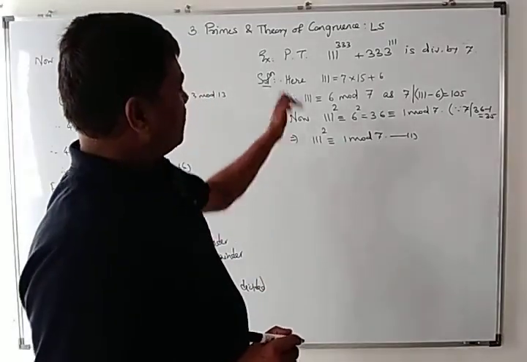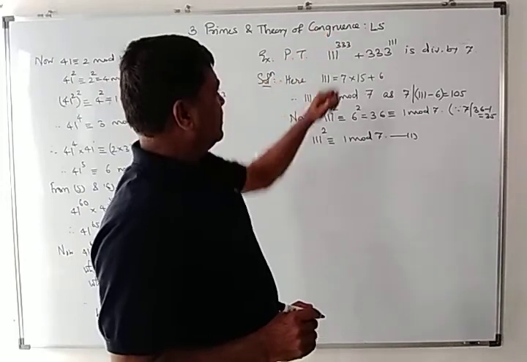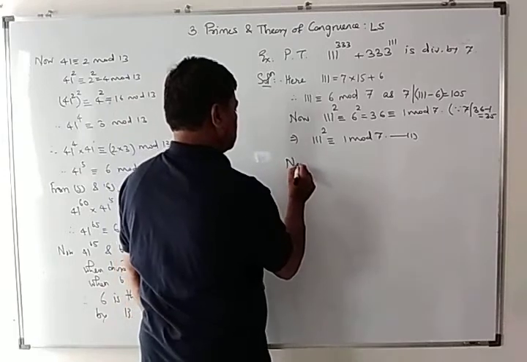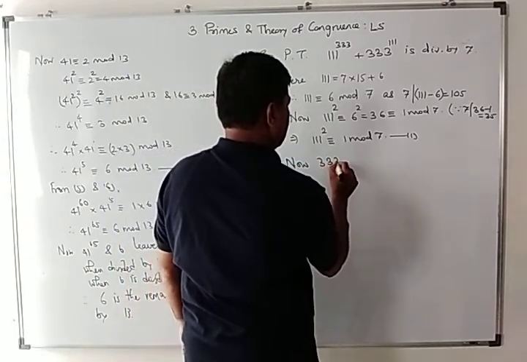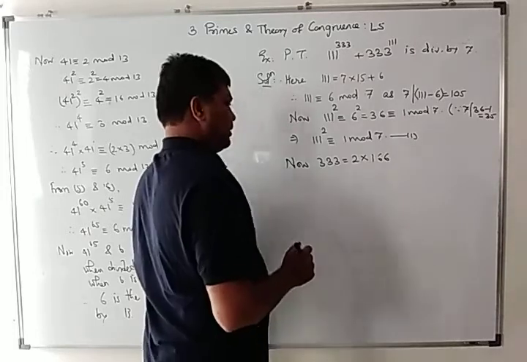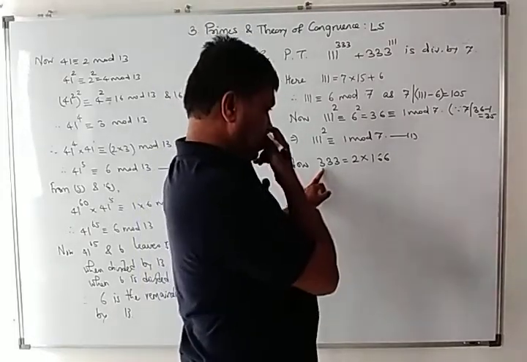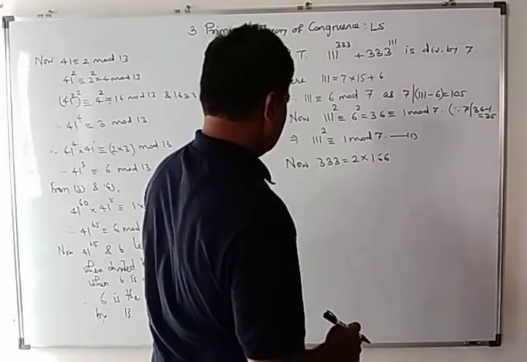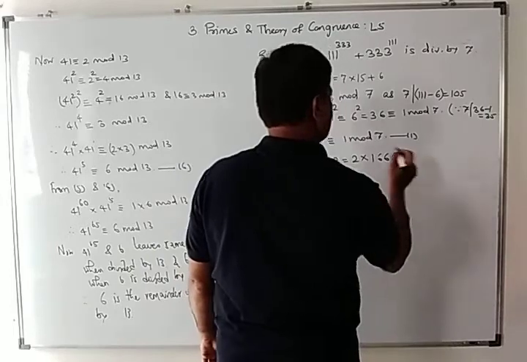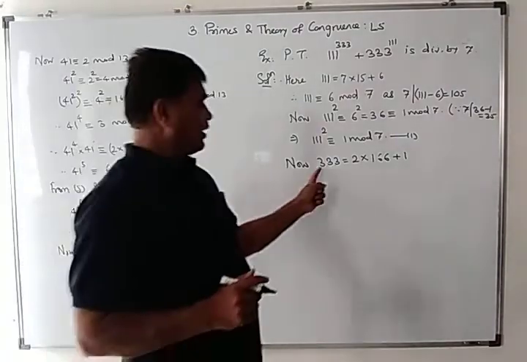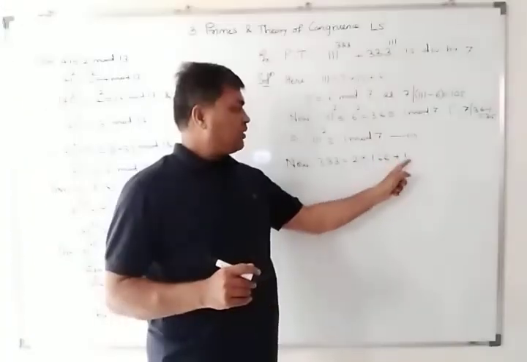Now we will divide 333 by 2. Okay. Now 333 is equal to 2 into 166, plus 1. Is it clear? If I divide 333 by 2, remainder is 1.